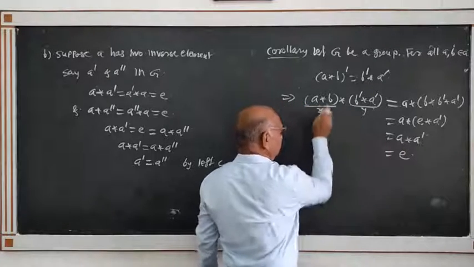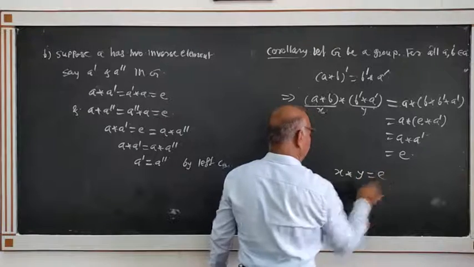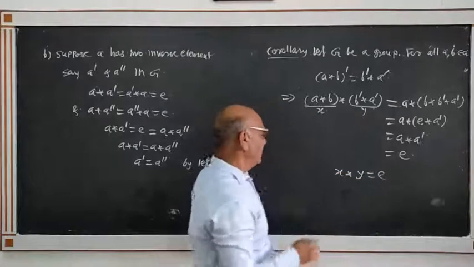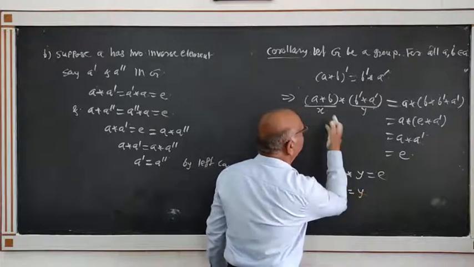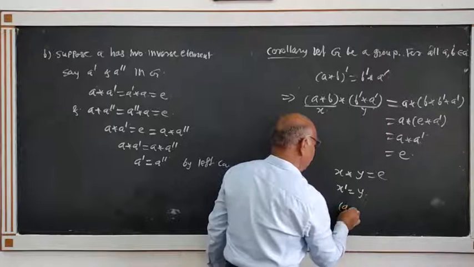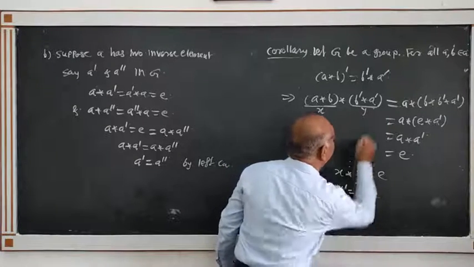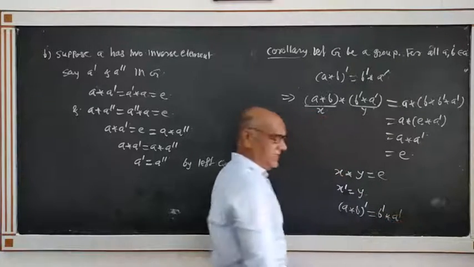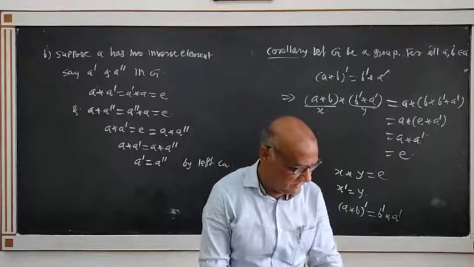We get a * y is equal to e. That means both elements are inverses of each other. That means x inverse is equal to y. And put the value of (a * b) inverse is equal to y, y means b inverse * a inverse. Complete the result.